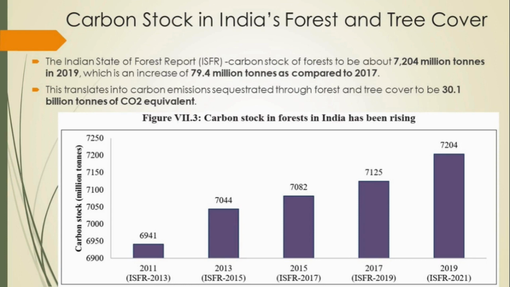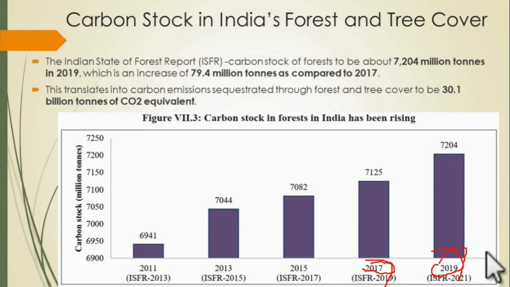It says that in 2019 the carbon stock in India's forests is 7,204 million tons, which is higher by 79.4 million tons compared to 2017. Here you can see 2017, and here 2019. Between the 2017 and 2019 reports, the total difference in carbon stock is 79 million tons.